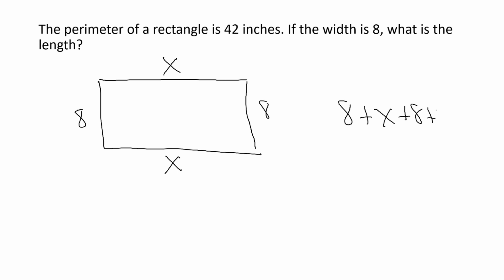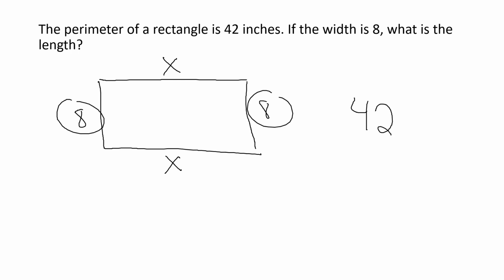The truth is, you don't even really need all of that. So here's what I would do. Because I am algebraic, I would write out this equation and I would solve for x. However, most of you can probably just say, okay, the perimeter is 42. I have 8 here and I have 8 here.